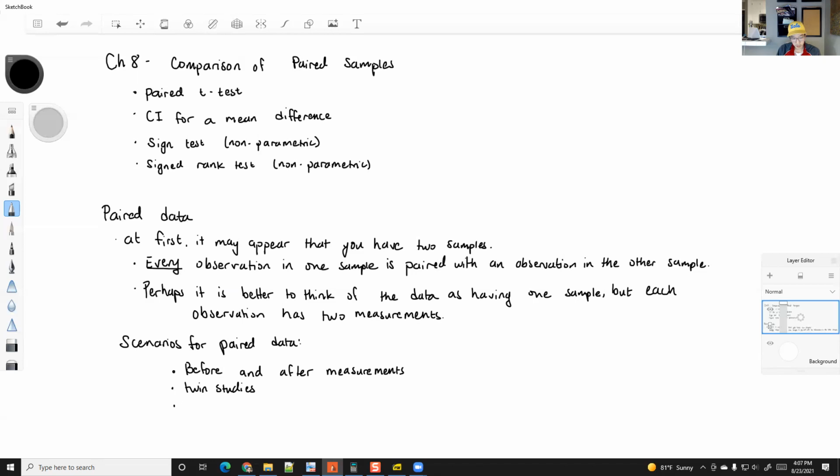Or you can also have a situation with matched cases where cases from one population are matched with cases from another population.